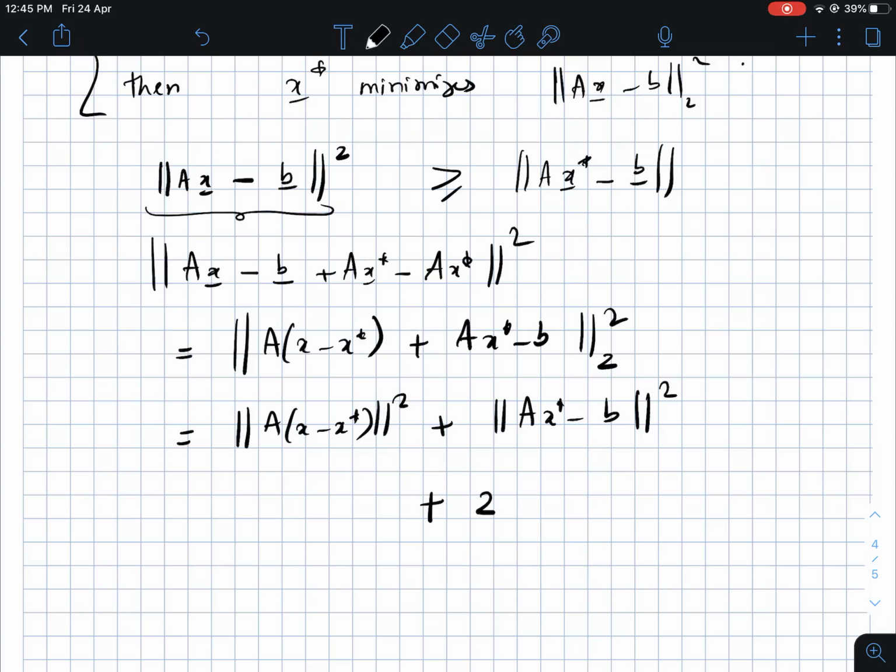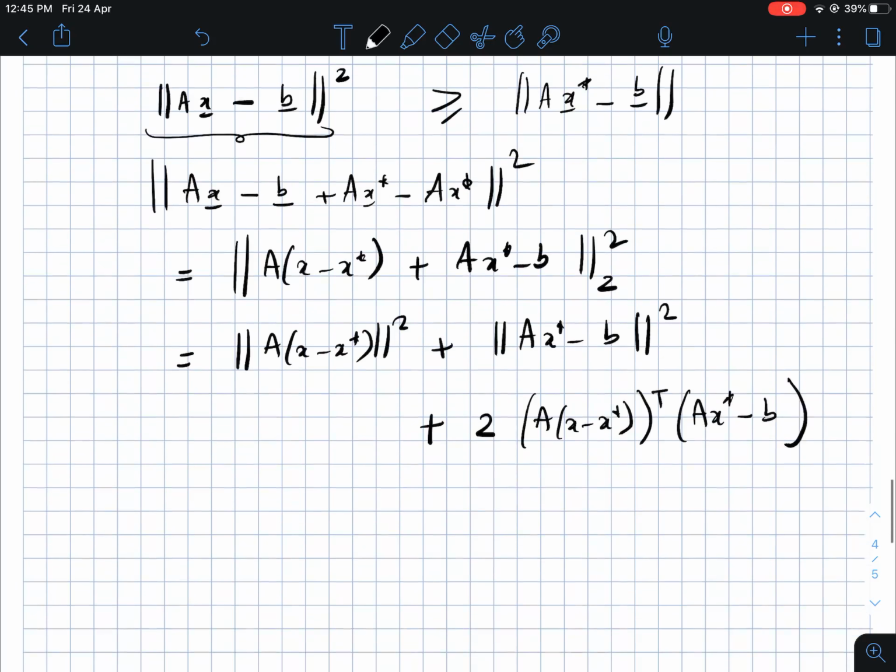What will that cross term be? It will be 2 times the transpose of (x minus x star) multiplied with (A x star minus B). Here all I did is take this norm square and write that for any vector, the square of the norm is equal to the transpose of the vector times the vector.